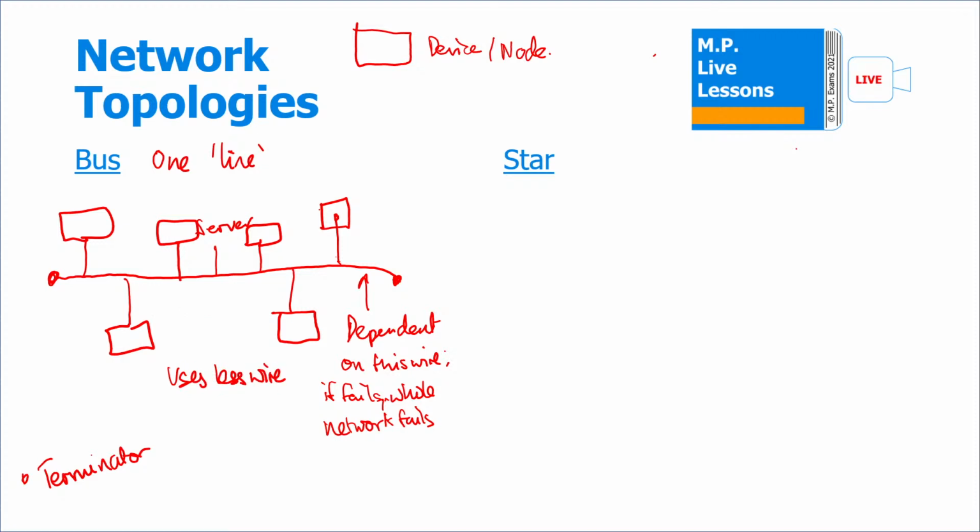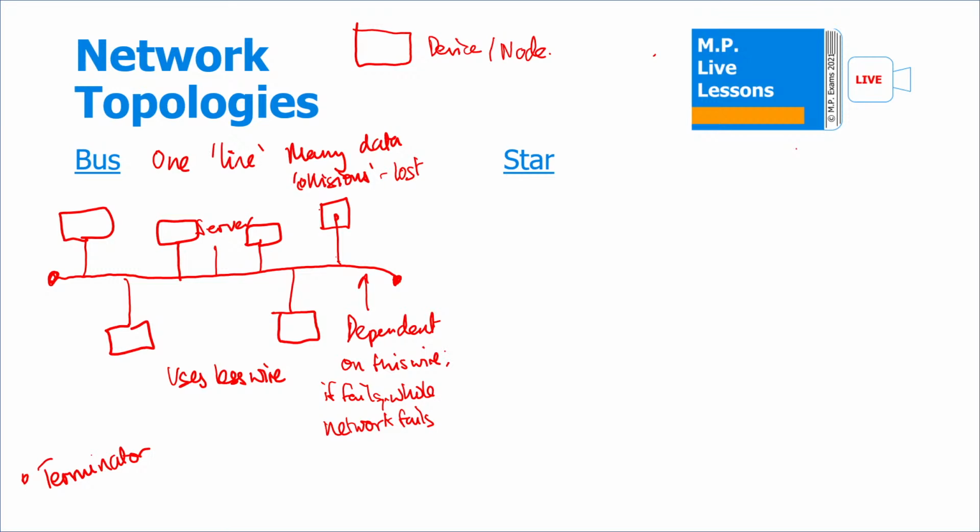But since all these computers are connected to the same wire, there are many collisions. That's when data is sent over a network, which you'll see in the protocols. So, a lot of data is lost as well.